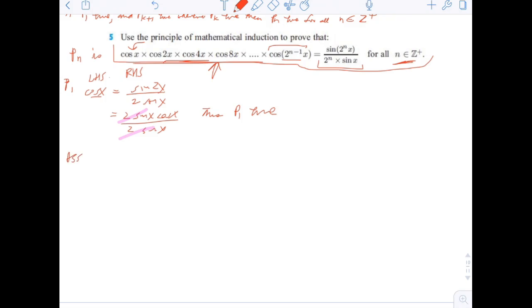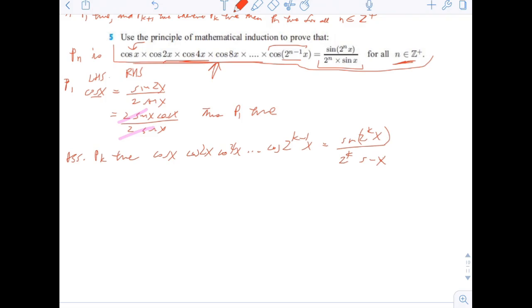So assuming that Pk is true, we can say that cosine of x times cosine of 2x times cosine of 4x, and so on, up to cosine of 2^(k-1)x, equals sine of 2^k x divided by 2^k times sine of x. Okay?